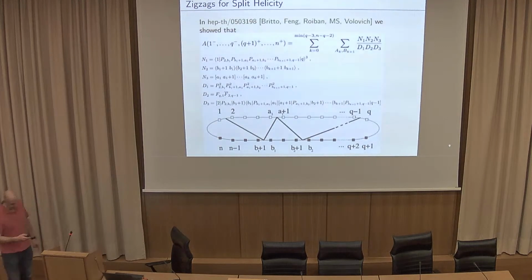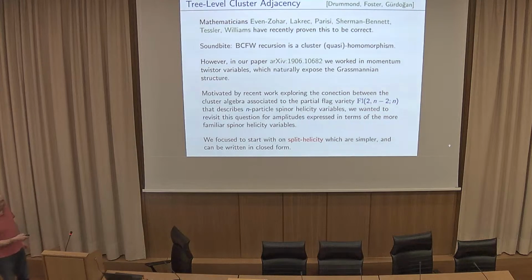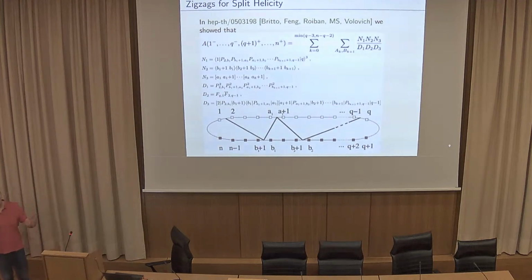Another interesting thing about this specific class of amplitudes is there's an explicit formula for it. It's not the simplest formula, but it's completely explicit. The amplitude is given as a sum over zigzag diagrams. What is a zigzag diagram?